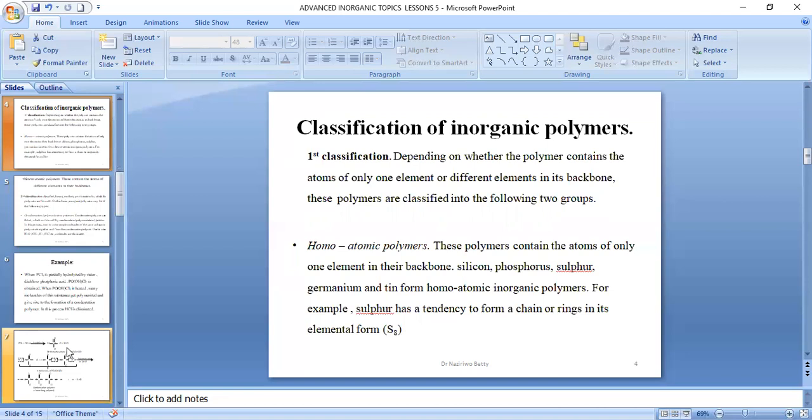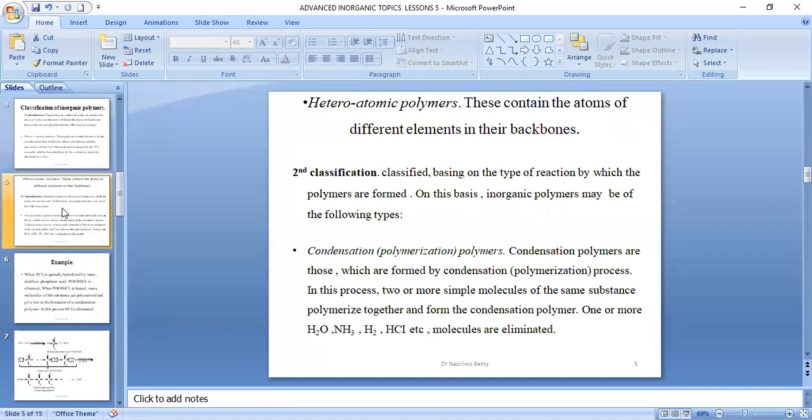We have the homoatomic polymers. These contain the atoms of only one element in their backbone. Examples are phosphorus and sulfur. Sulfur has a tendency to form chains or rings in elemental form. Another one under the first classification is the heteroatomic polymer. This contains the atoms of different elements in their backbone.